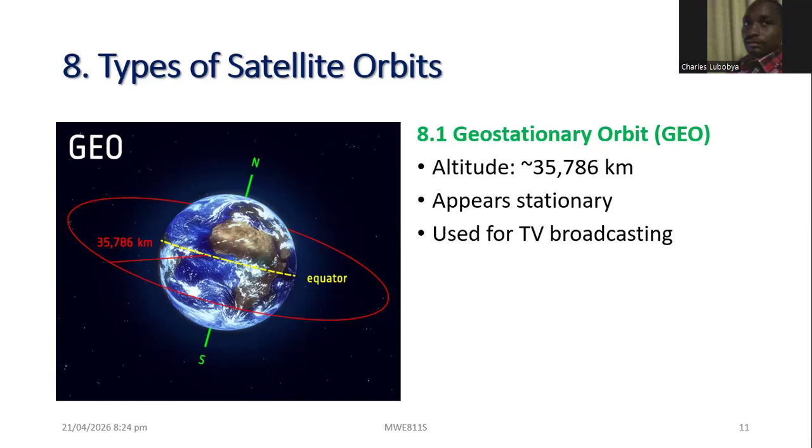When you look at it, it appears as though it is stationary, but it's actually orbiting around the equator. This type of satellite is mainly used for television broadcasting. Very essential for TV broadcasting. And also take note of the altitude from the center of the Earth: it's around 36,000 kilometers.